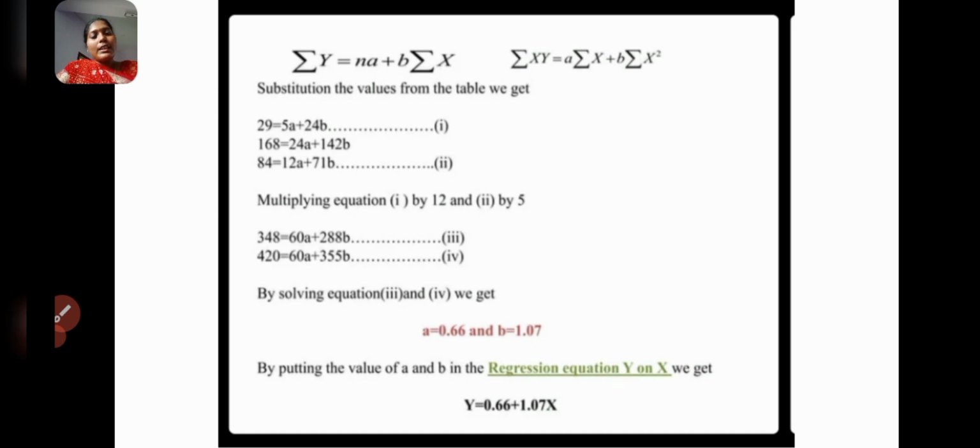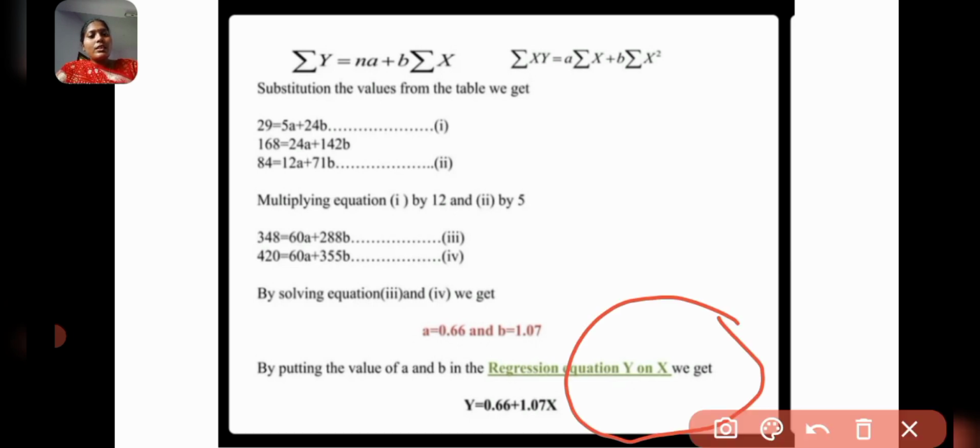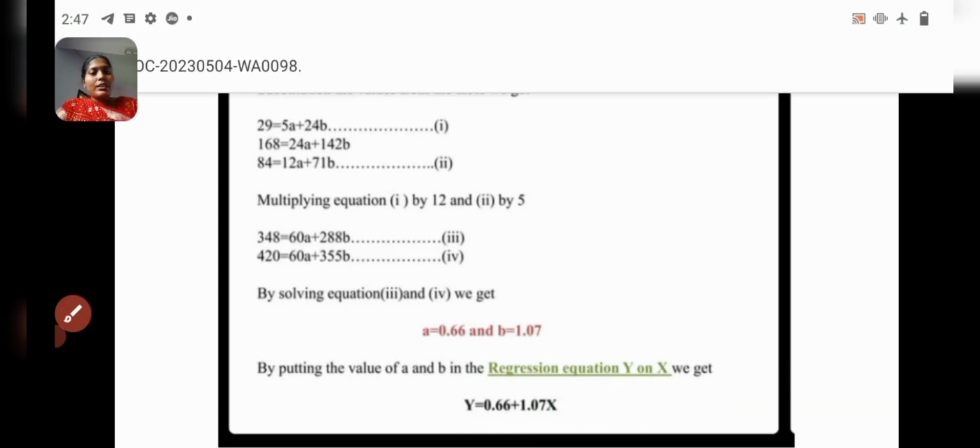From this, the regression equation of these two variables x and y is y equal to 0.66 plus 1.07x. This is the regression equation.